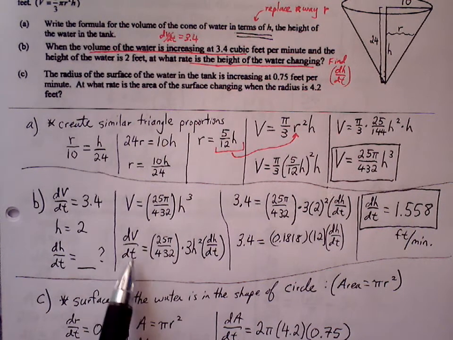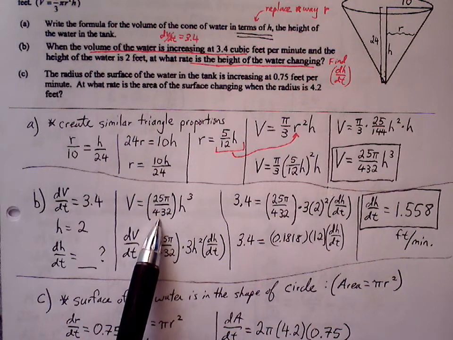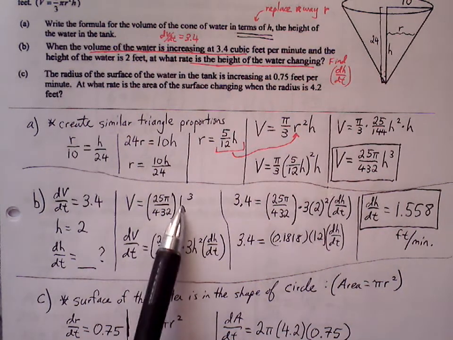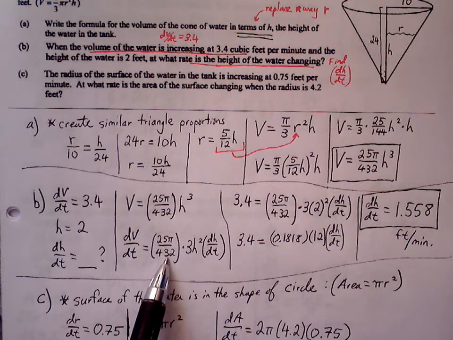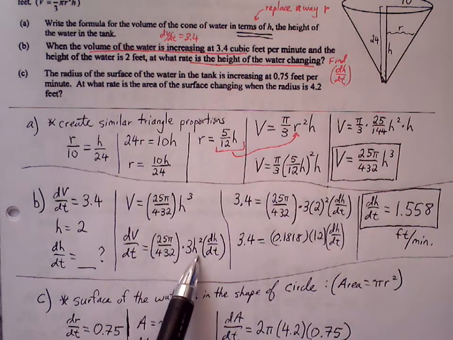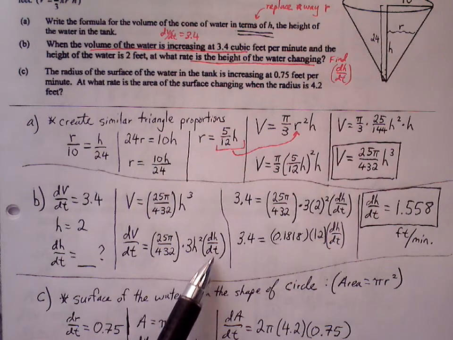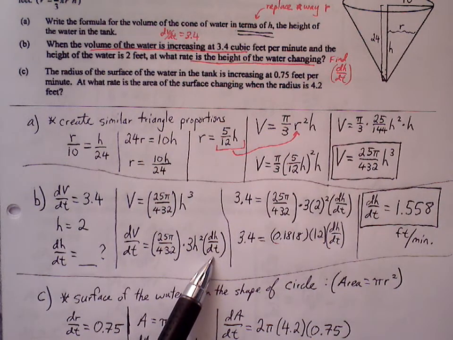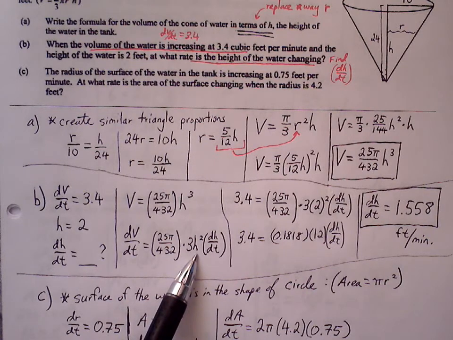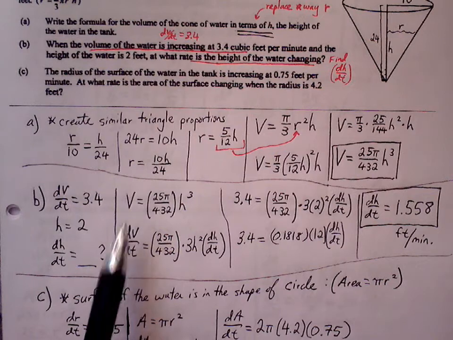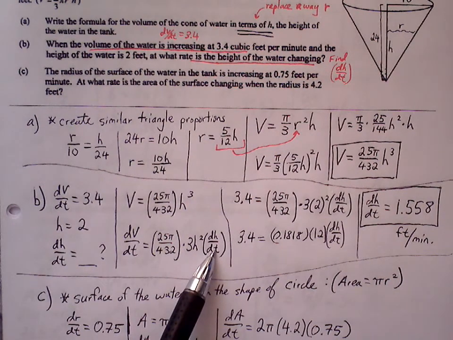So V becomes dV dt. The coefficient 25 pi over 432 stays. H cubed becomes 3H squared. And because we're asking for H's derivative, we need to attach a dH dt to indicate that each of these variables, V and H, are being affected by time, the t variable.